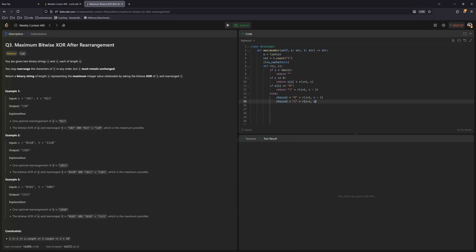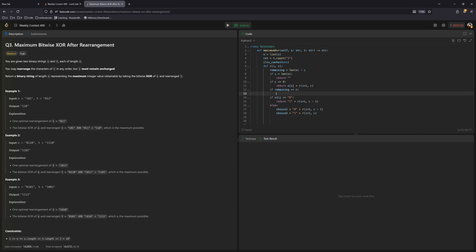Yeah, now we have to use it, though. If the number remaining is equal to C, then we have to use it, right? So remaining equals length of O minus I. If remaining is greater than or equal to C, then we don't have a choice.